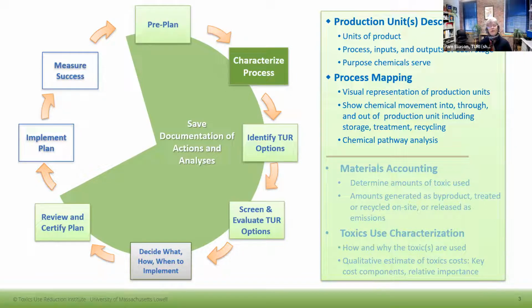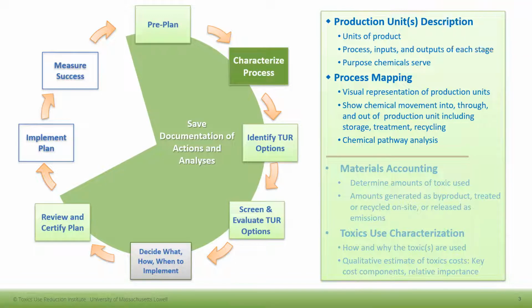It's really about what you're creating, where the chemicals are flowing through the process, what purpose they serve, and then mapping that out so that you can have a visual cue to help you identify where there may be opportunities for improvement, opportunities for reduction.